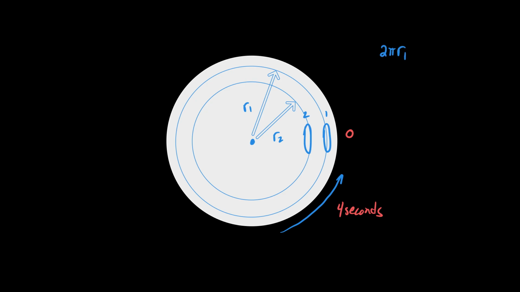Right? That's the circle being traveled by kid 1. And kid 2 is traveling in circle 2 pi radius 2. But they both make the turn in the same amount of time.